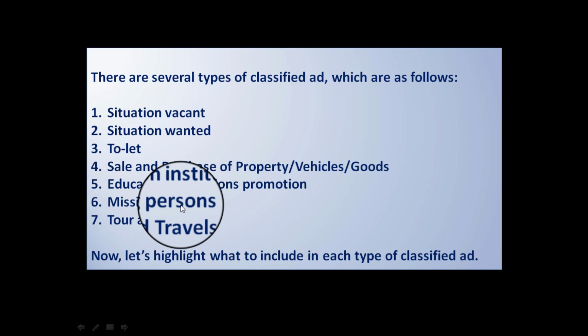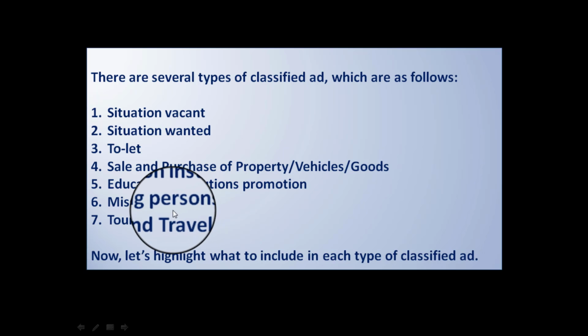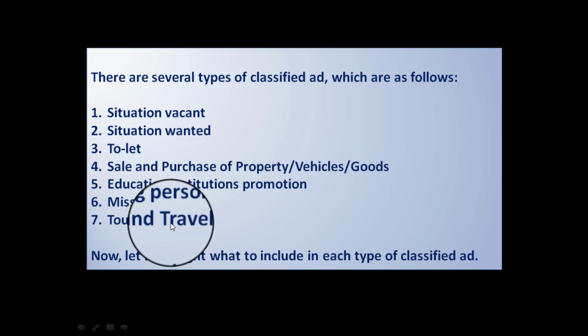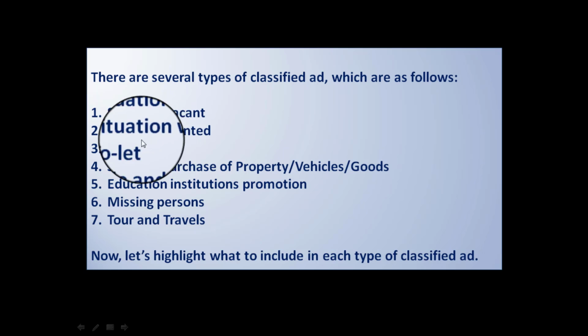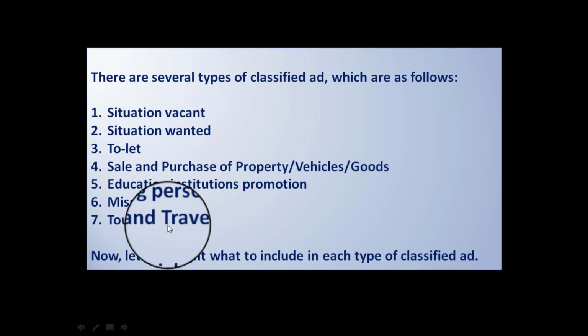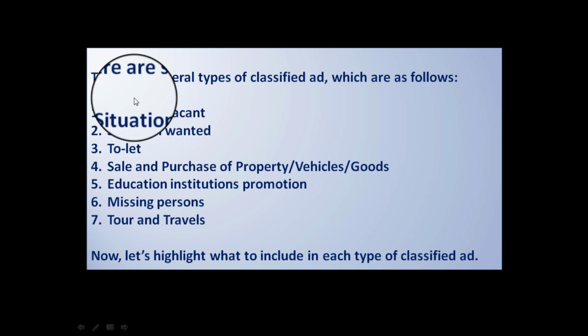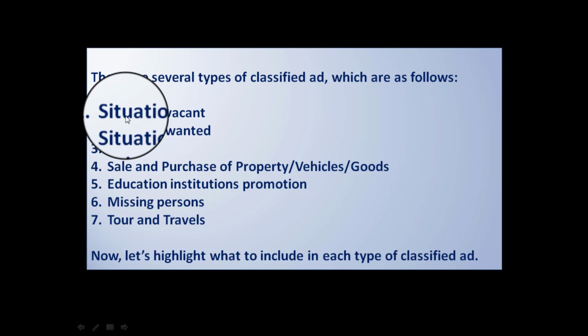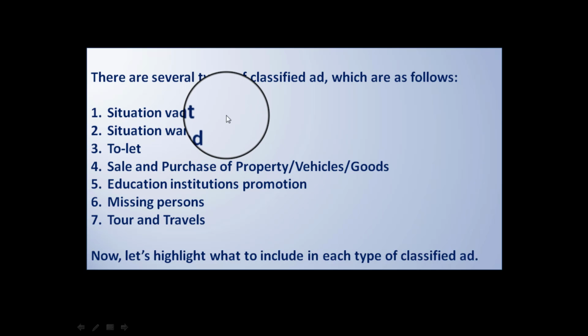In the upcoming lecture, the second lecture, I will tell about all these important things, and one by one we shall learn each and everything and what is used in these. For example, for the first one, teachers vacant, what are the five, six or eight value points which are included and used. We shall learn those things also.